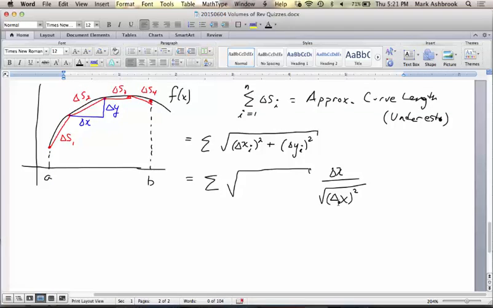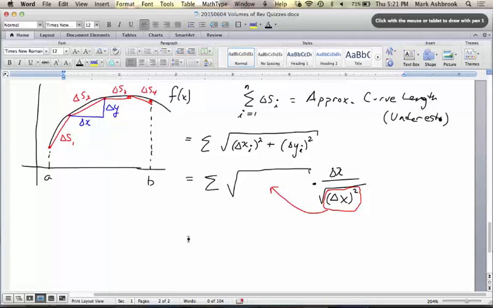That's just 1. So I can multiply by that. And since this is a square root, I can combine, get that delta x squared under here. Instead of underneath here, I can get it actually inside. So I'm going to take that delta x squared right there and move it inside the square root.